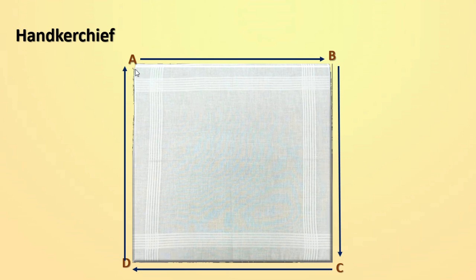And see, the length of AB plus BC plus CD plus DA is nothing but the perimeter of this handkerchief. Means you can say the border. We have to count only the border for perimeter. Got this? Now here is her handkerchief.